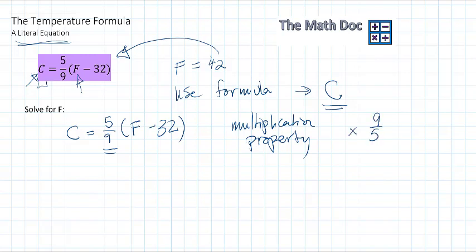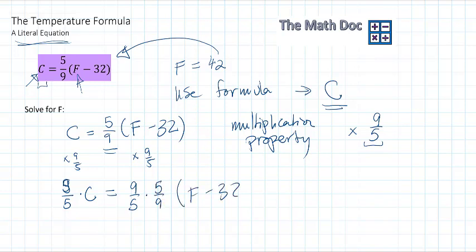We have 5/9 here, but in order to neutralize that, we multiply by the inverse, which is 9/5. So we do times 9/5 on both sides, and we get 9/5 times C equals 9/5 times 5/9 times F minus 32.